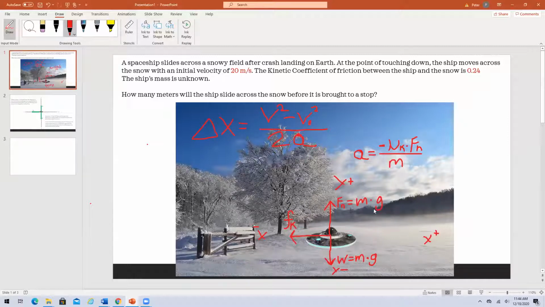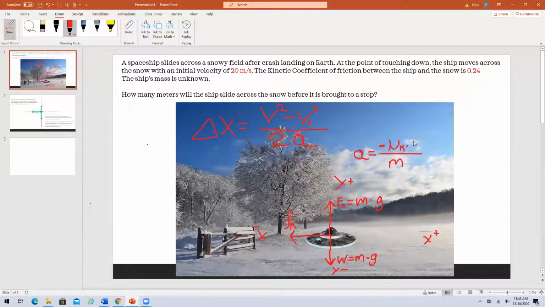So what might be going on in your brain right now, and you also might see exactly what we're doing, but you may also be asking yourself, again, why do I care? We don't have the mass of the spaceship. Why are we just making more m's for ourselves? Well, let me show you. If I know that this is the definition of the kinetic frictional force, and therefore the sum of all forces in X that I need, now what I can do is just erase the thing I don't know, and then put in a substitute definition for that thing.